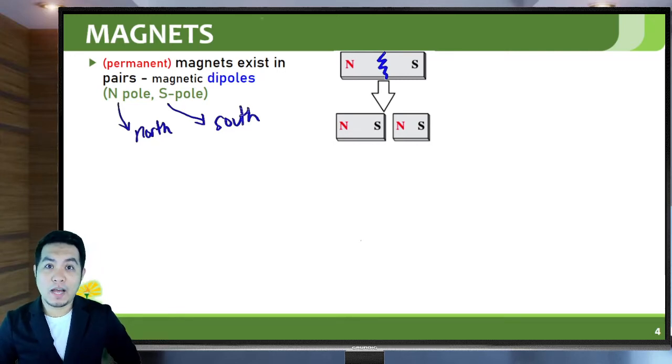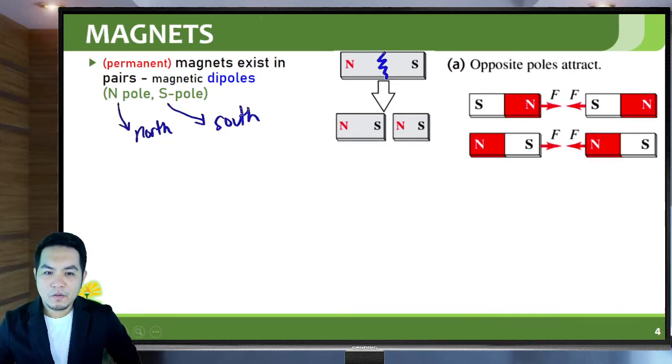You can also have a pair of positive and negative charges. That's what you call an electric dipole. In the case of magnetism, it's always a magnetic dipole. It's always a pair of a north and a south magnetic pole.